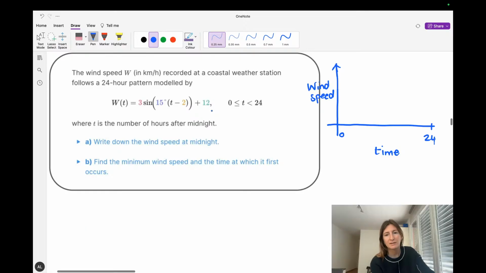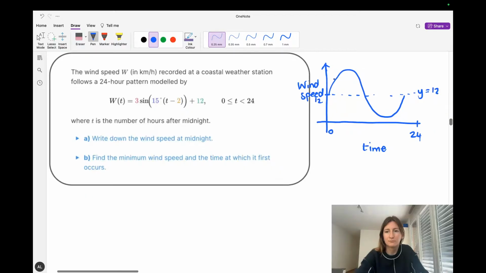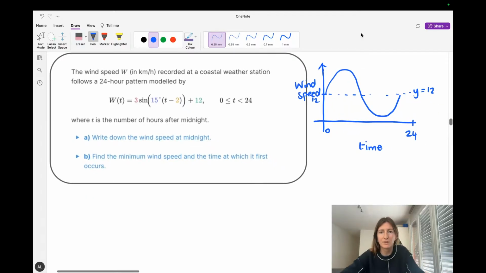Our principal axis is at 12. Let's say 12 is somewhere there. So principal axis at 12, and I'm going something like that. My amplitude is 3. So I should write y equals 12 to fill it in. There we go, cut off a little bit.